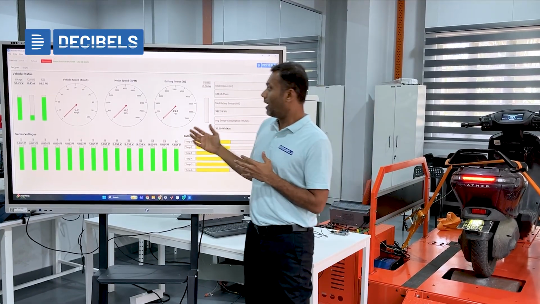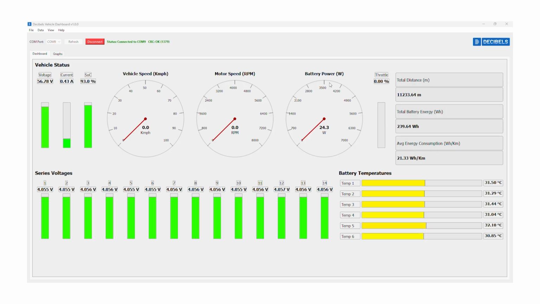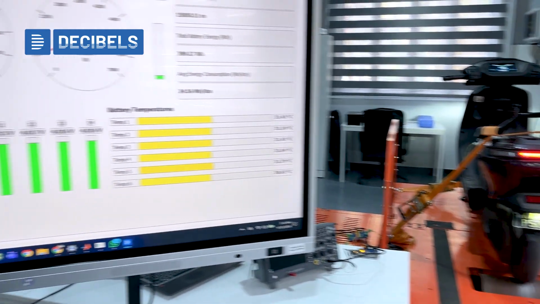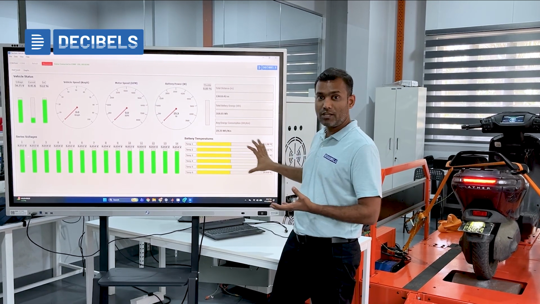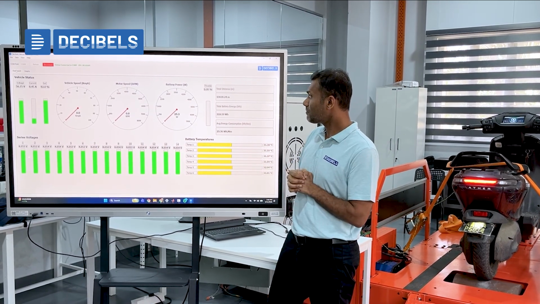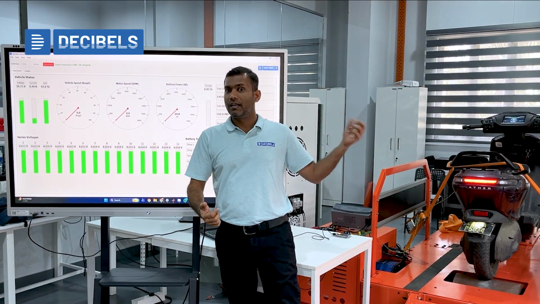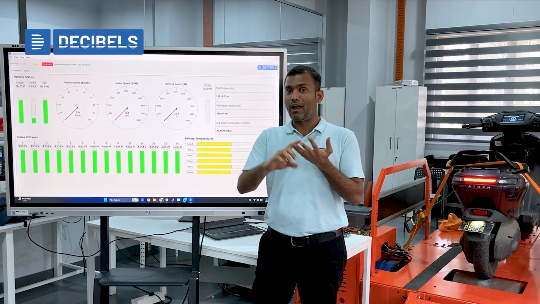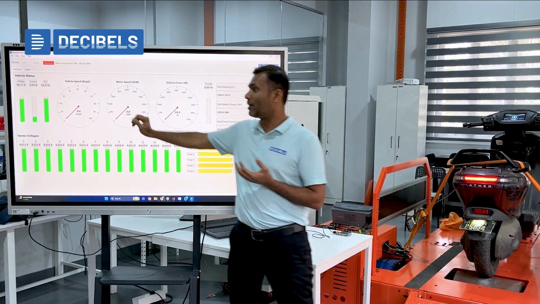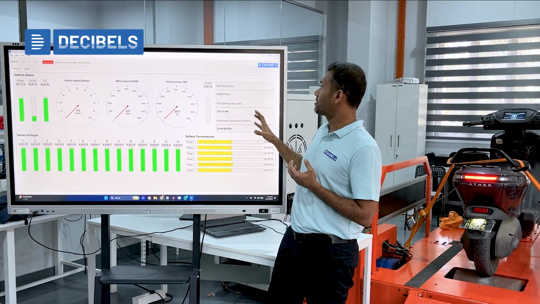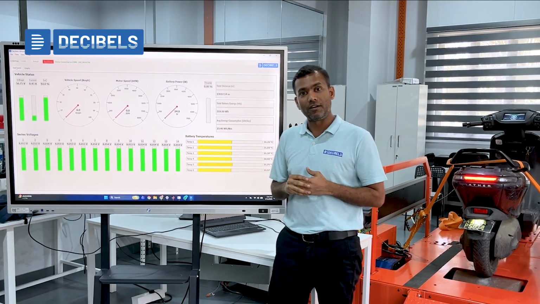You can also get to see the temperature sensors data. So when you run the vehicle for a specific duration, you can see how the stack temperature is changing with respect to its operation. In all the other metrics, maybe if the vehicle has a city mode, eco mode, and a sports mode, you can see what kind of current limiting or vehicle speed limiting is set inside the vehicle when you're testing the vehicle and demonstrating to your learners.